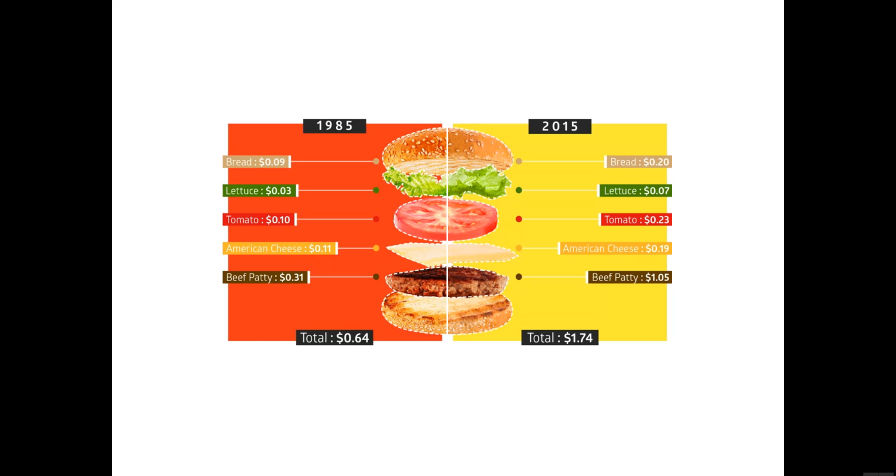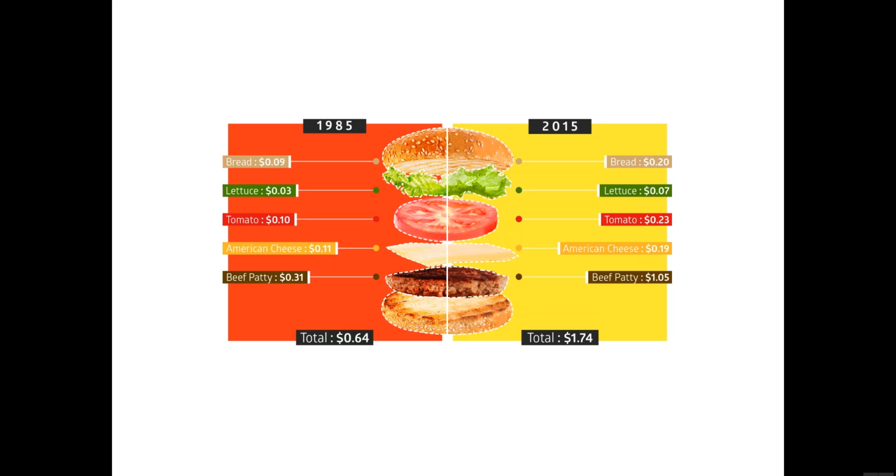Tomato, 10 cents in 1985 and 23 cents in 2015. And mac and cheese, 11 cents in 1985 and 19 in 2015, and beef patty, 31 cents and in 2015 changed to $1.05. So the cost for a burger in 1985 is 64 cents, but in 2015 is $1.74.